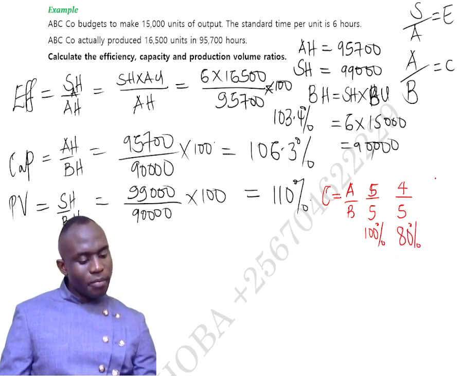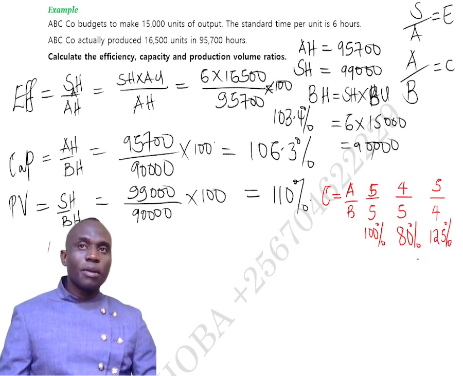And finally, what if actual was 5 and the budget is 4? If you work out this, you will be getting 125%. Now what is the interpretation?